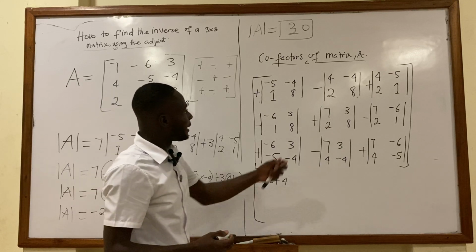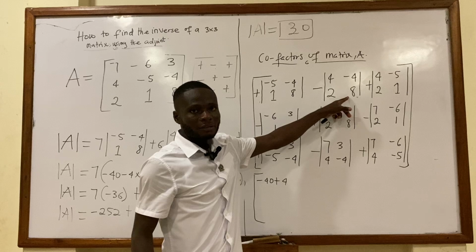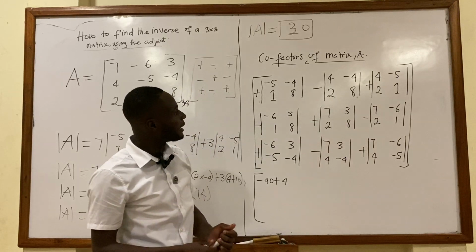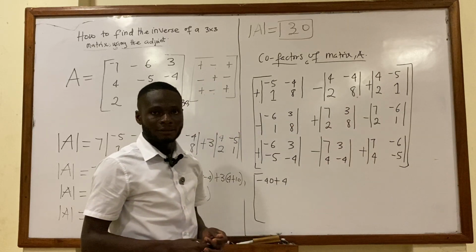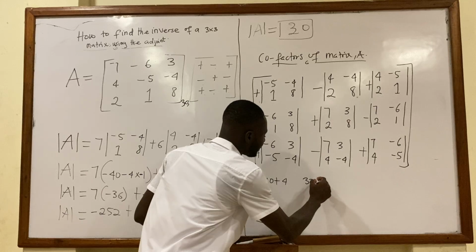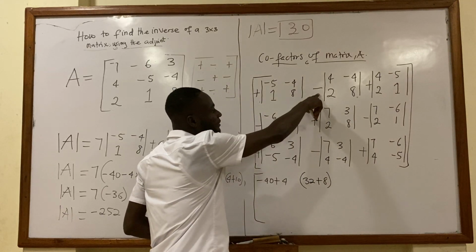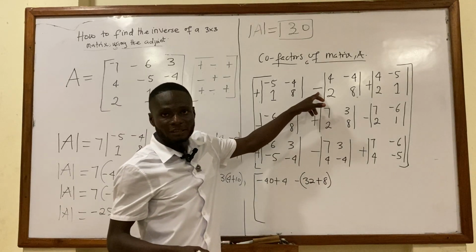And then the next aspect, this 4 times 8, and that is 32, right? And then 32 plus 8. But then we have negative affecting it, right?